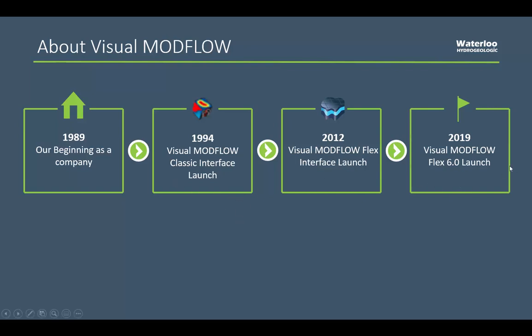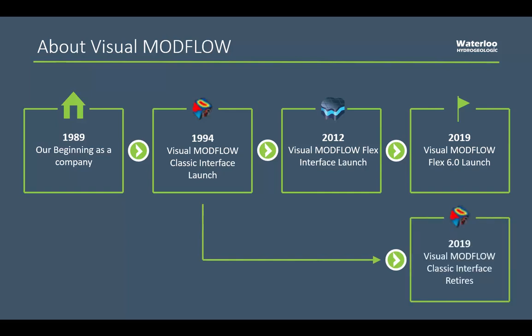But if you fast forward to today, we're currently on Visual MODFLOW Flex version 6.1, and you could say that basically back in 2018 is when we reached major feature parity with Visual MODFLOW Classic. And what I mean by feature parity essentially is just that the Flex interface is now able to support most of the engines and most of the features and capabilities that were available in Visual MODFLOW Classic over the years.